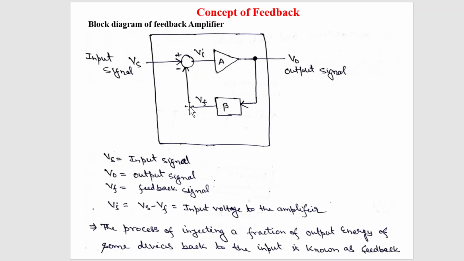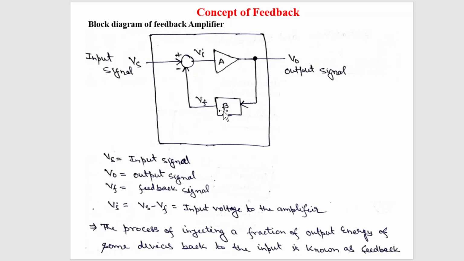Vf depends upon the value of beta, that is, how much feedback you are giving back to the input signal. Vi is the actual input voltage applied to the amplifier. This will be modified because of Vf, so Vi will be equal to Vs minus Vf. It depends on the polarity of both the input signal and Vf, the feedback signal.